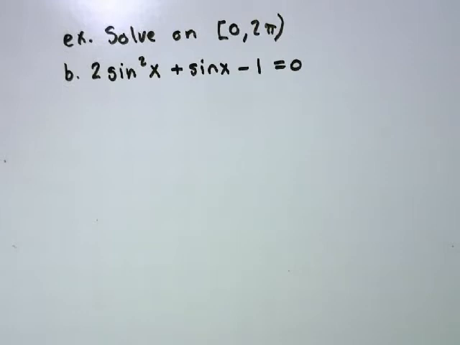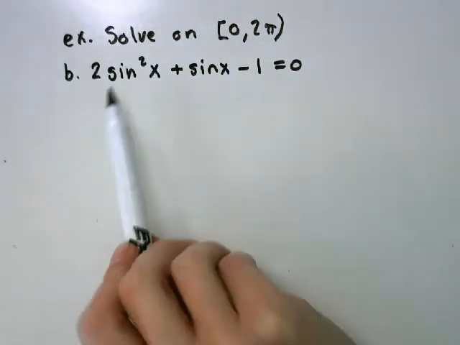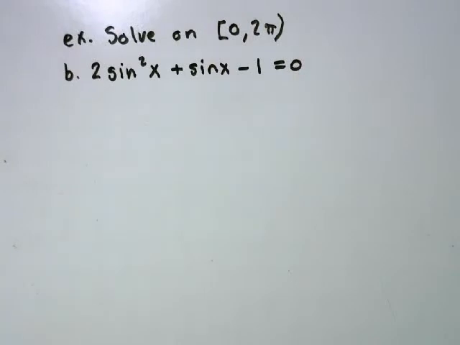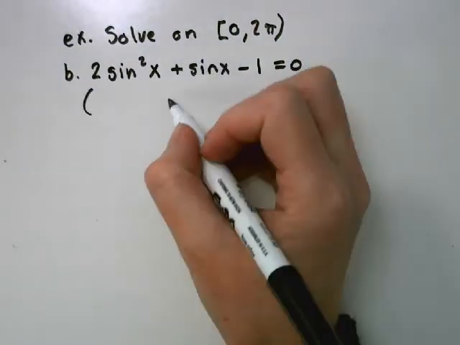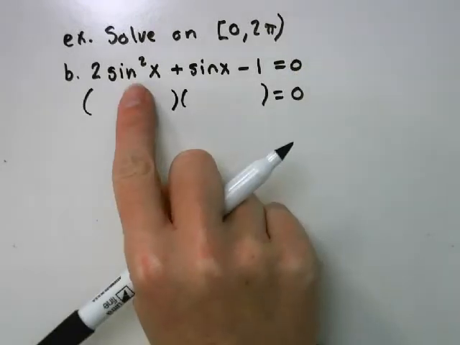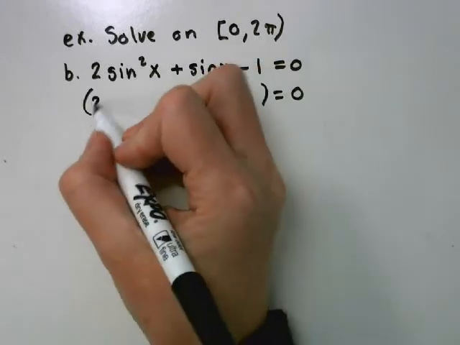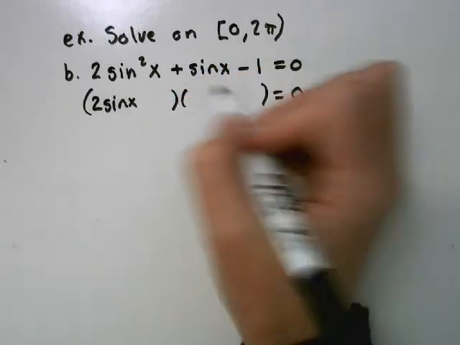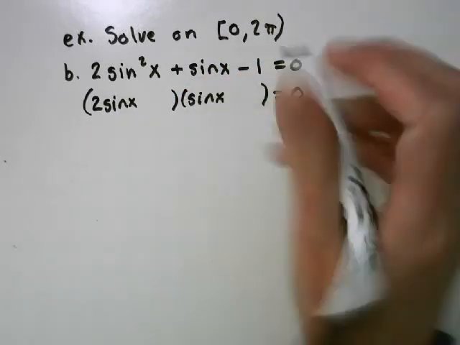So our next example, 2 sine squared x plus sine x minus 1 equals 0. So this should trigger an Algebra 2 response of, I have a trinomial here, and what we're going to do is factor. The good news is they're going to be pretty simple factoring. So the two things that are going to multiply to get a 2 sine squared is going to be a 2 sine of x and a sine of x.